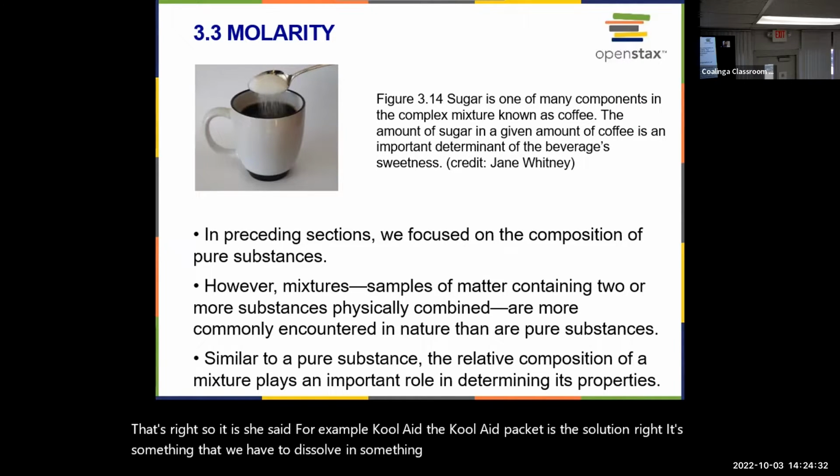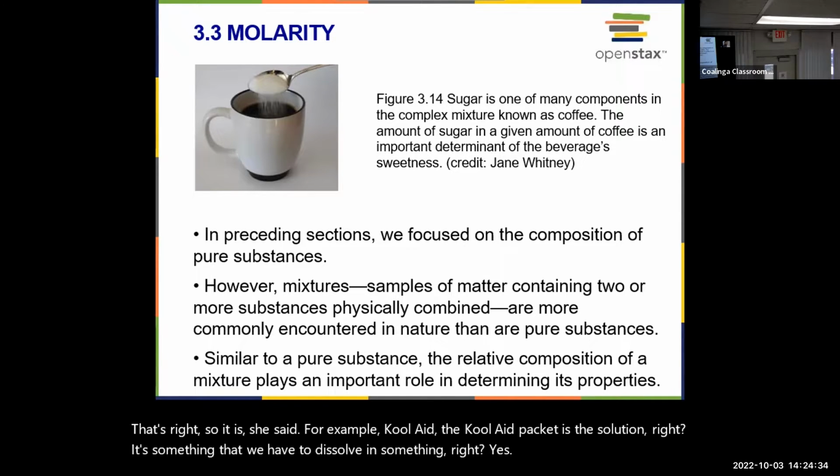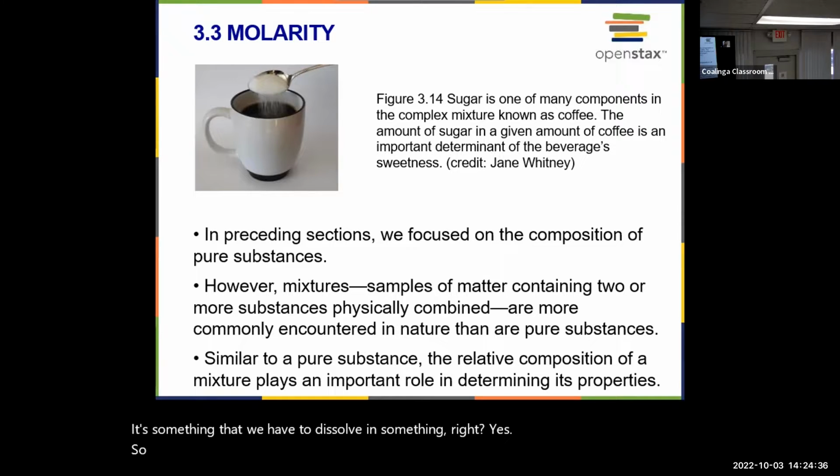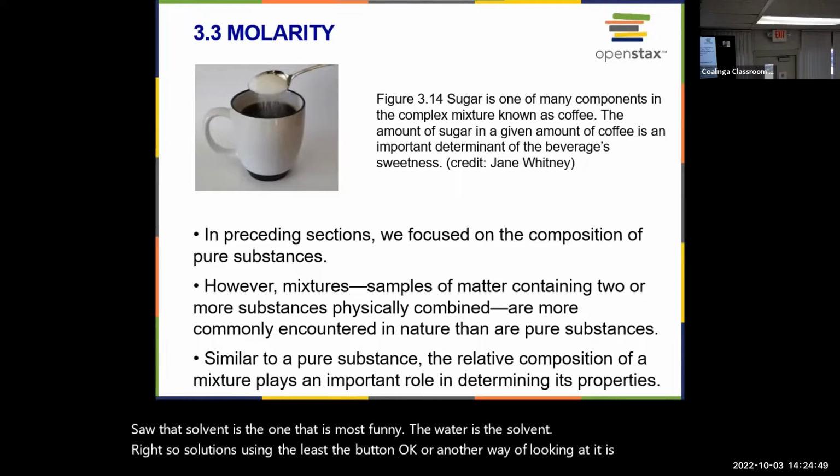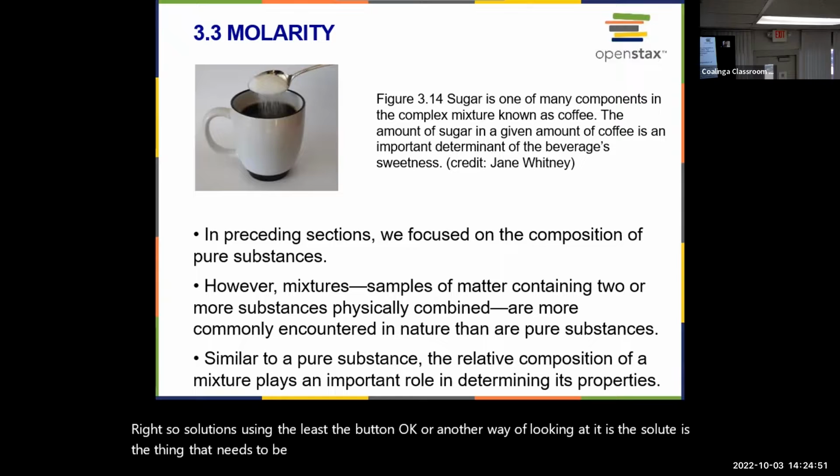What's the difference between a solute and a solvent? Solvent is the one that is most abundant. The water is the solvent, right? So the solute is usually the least abundant. Or another way of looking at it is the solute is the thing that needs to be dissolved. The solvent is the thing that's doing the dissolving.